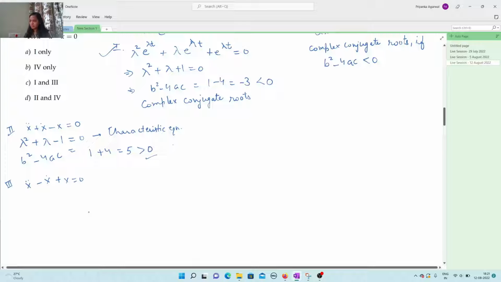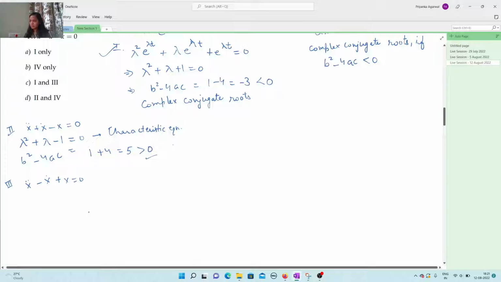So here the value of lambda can be written as minus 5 plus minus square root of b square, that is 5 square minus 4 into 6, over 2. So the roots will be minus 5 plus minus root 1 over 2. So the roots become minus 3 and minus 2.